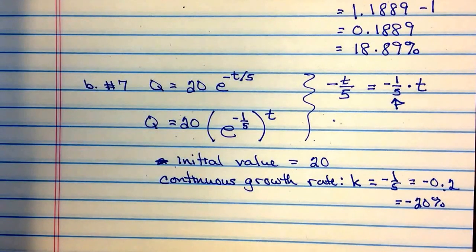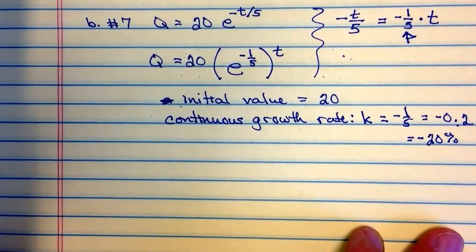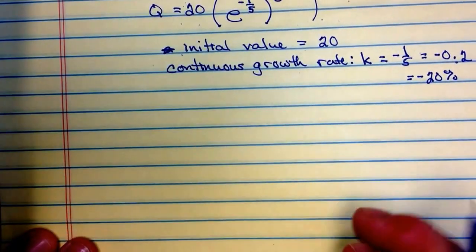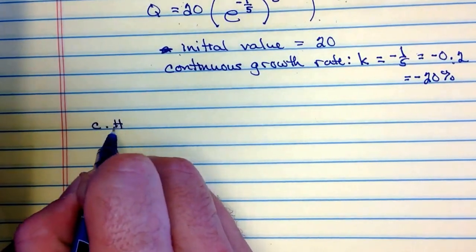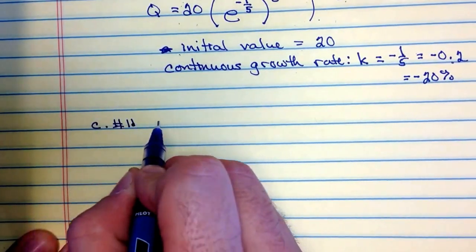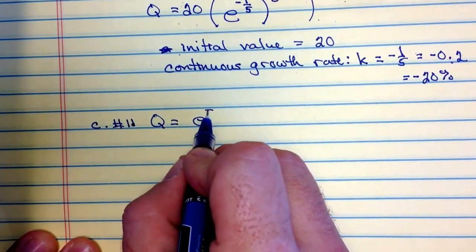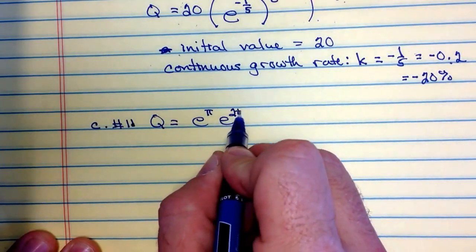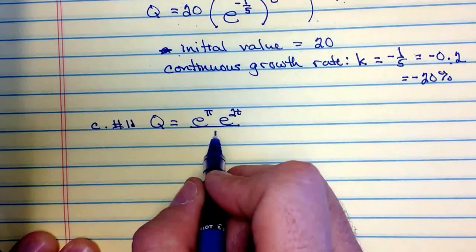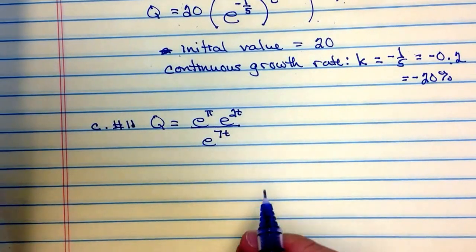Now, if we look at something like number 11, they give you one pretty complicated. They give you q equals e raised to the pi times e to the 2t, all divided by e to the 7t.